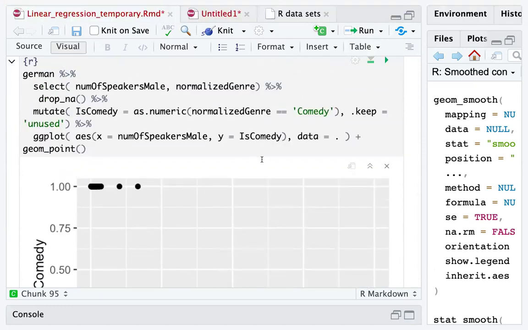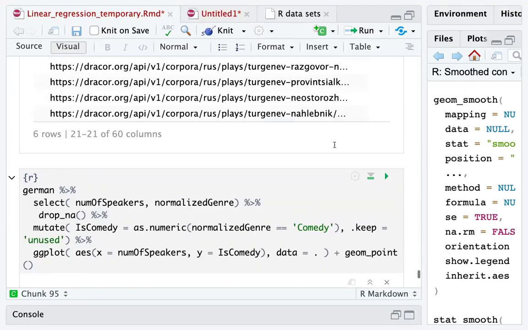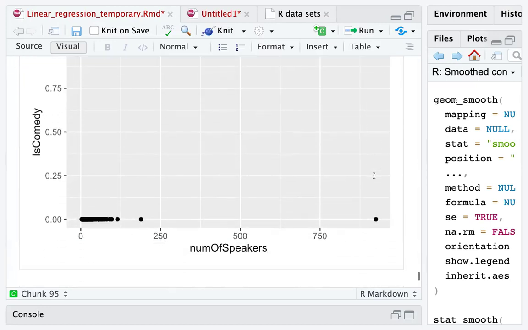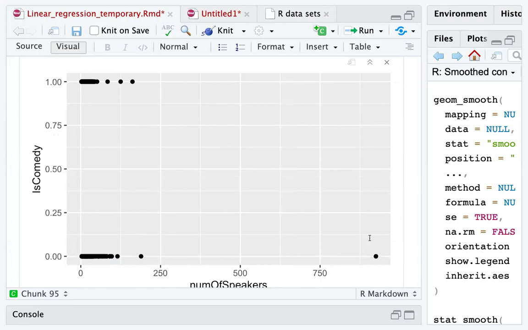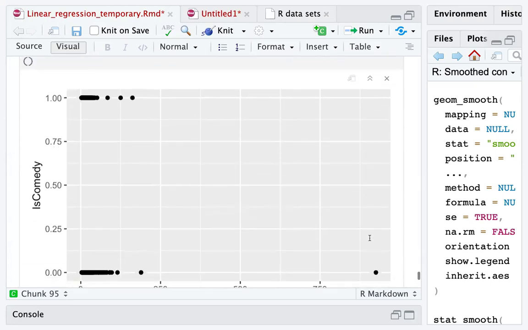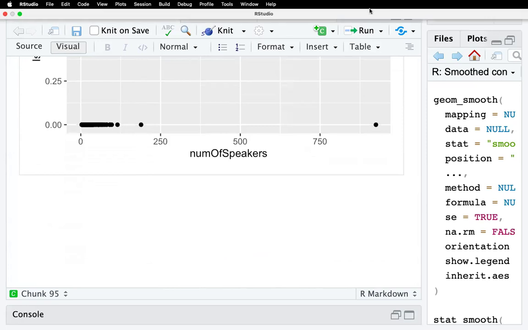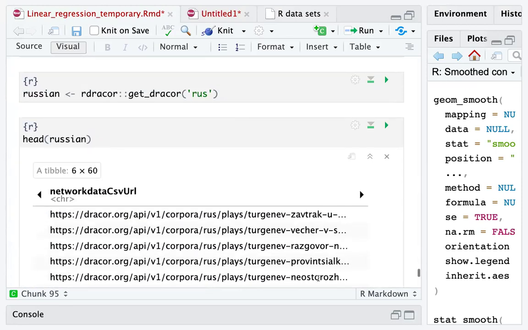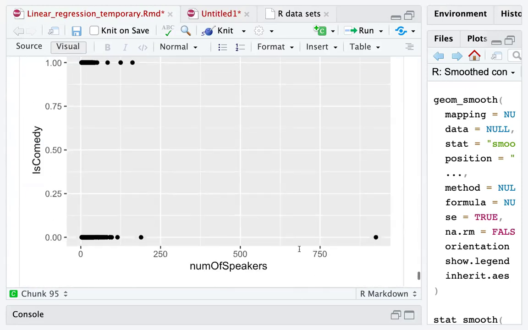Well, let's look at the number of speakers in total. Okay, so no. Well, I think for today, I didn't find any variable which we can use.